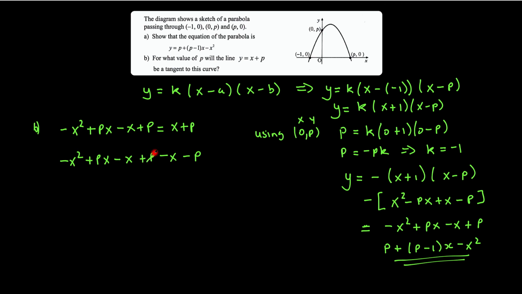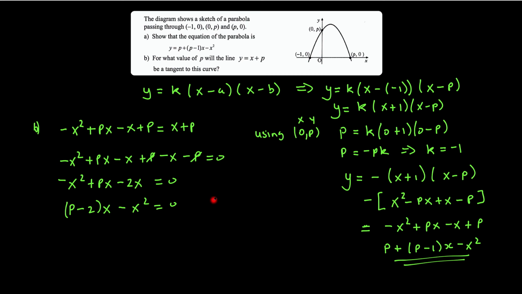So the p's cancel, and I've got px minus x minus x, so that'll give me minus x squared plus px minus 2x, which is equal to 0. So the next step, I can take a common factor out here, so I can have (p minus 2)x minus x squared, which is equal to 0.